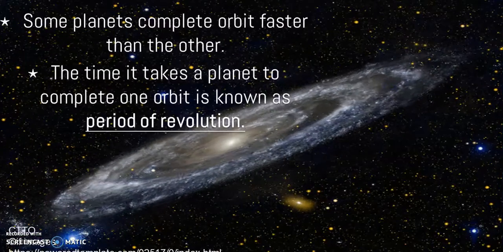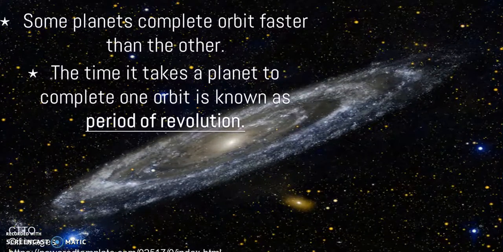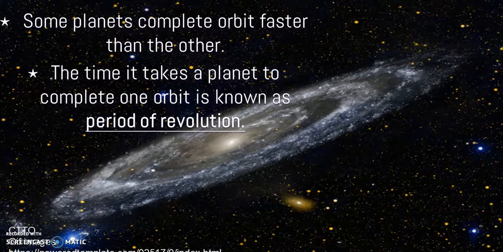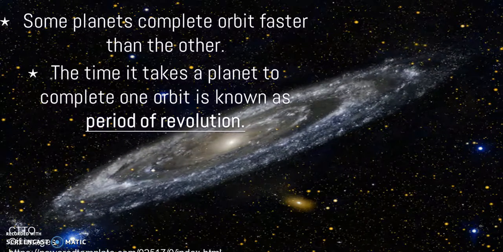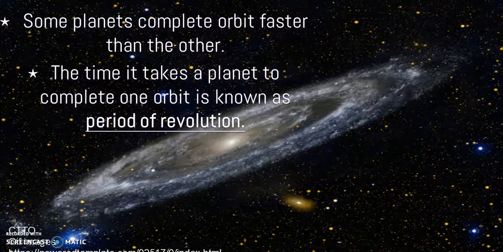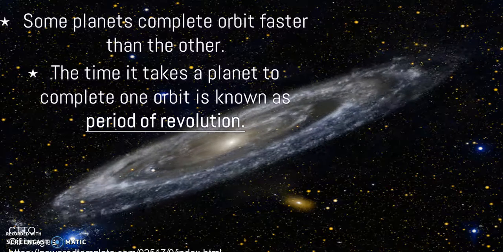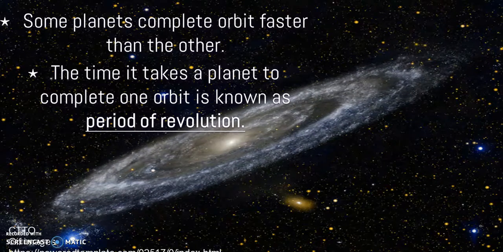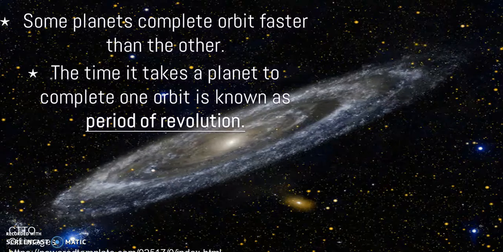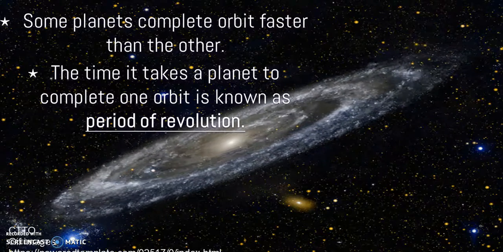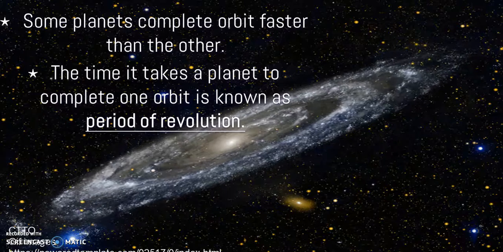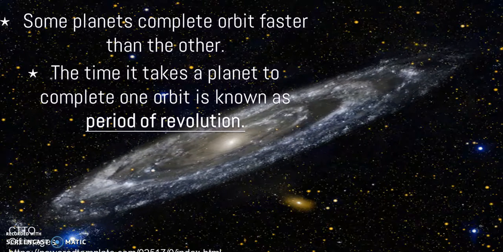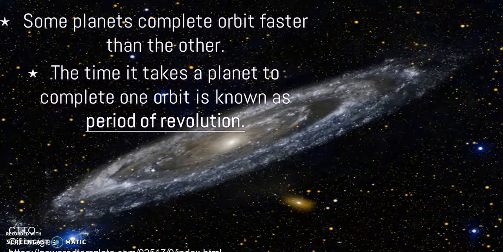Now, some planets complete an orbit faster than the others. Why is it so? Because of the distance of each of the planets from the sun. Of course, the planet nearest to the sun will revolve faster than the other planets that are not near to the sun.